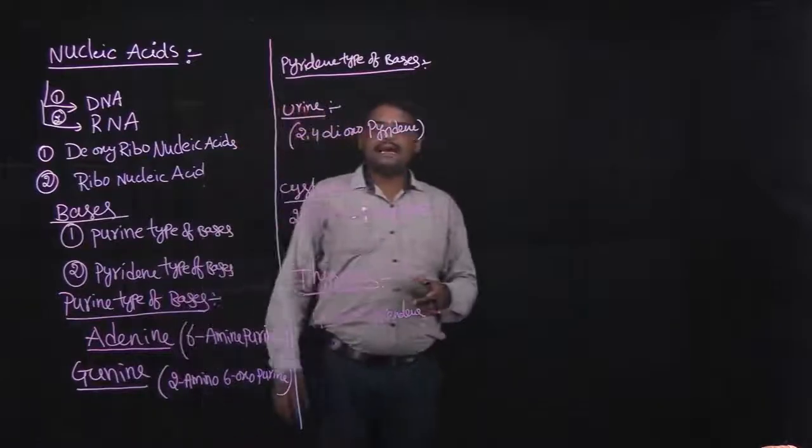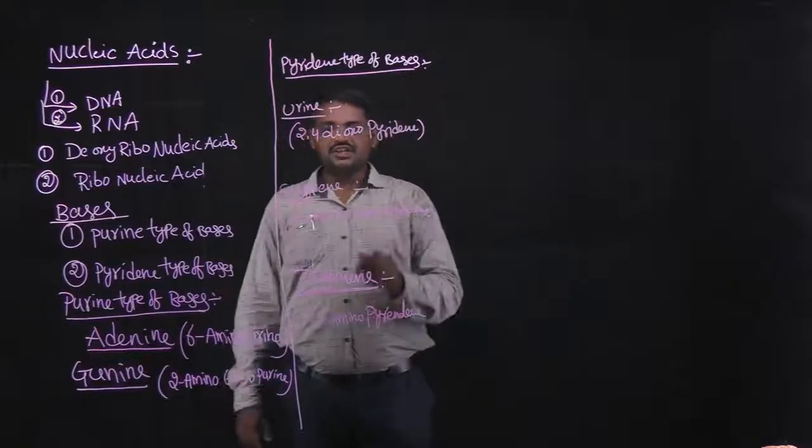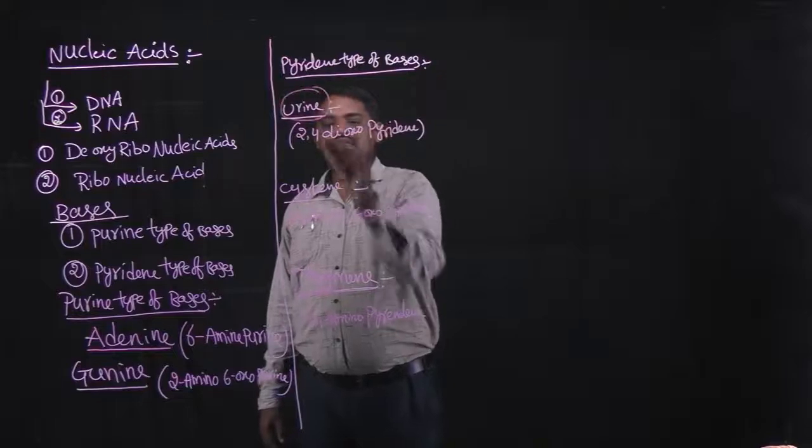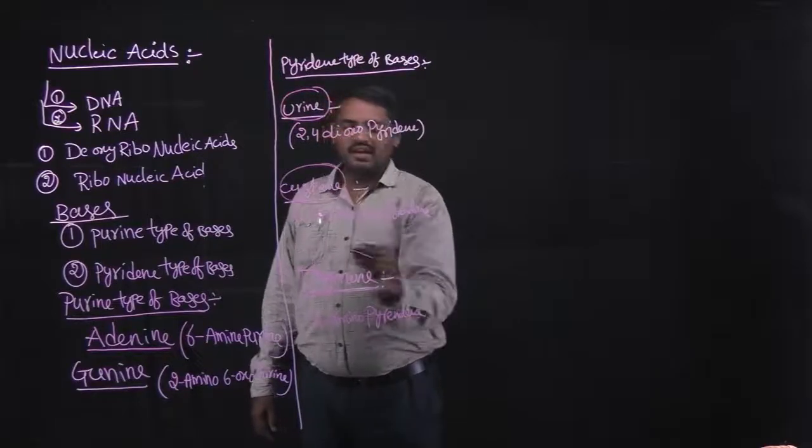These are the pyrimidine type of bases: uracil, cytosine and thymine.